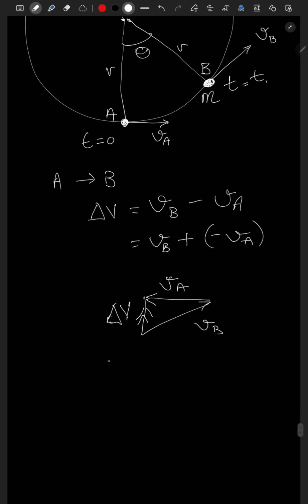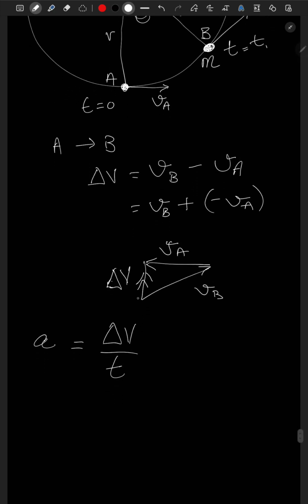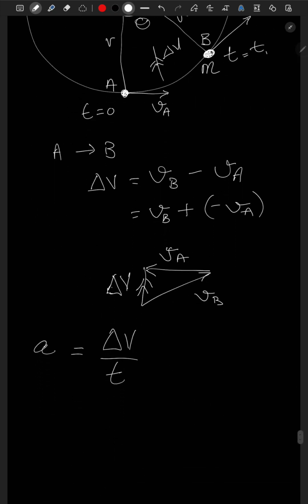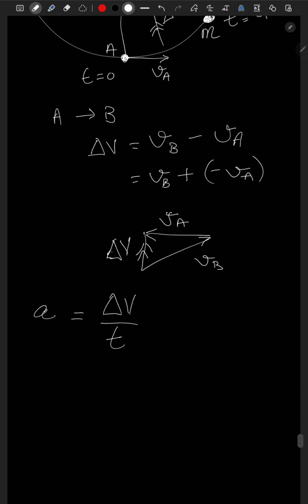Remember that a change in velocity is acceleration. And the change in velocity, delta V, is directed toward the center of the circle. So the change in velocity is acceleration.